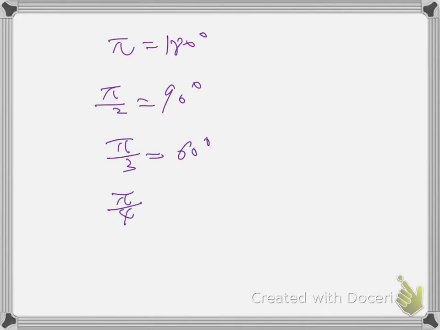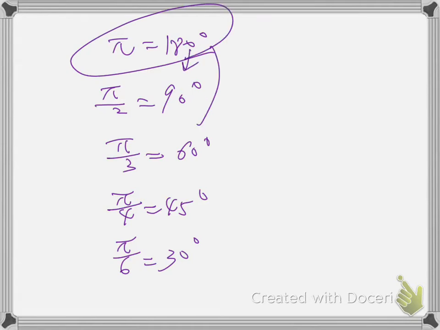Pi over 4 is 45. And pi over 6 is 30. You start from here and divide to get these angles. But because these two special angle triangles are very important, I suggest you just remember the relations between these angles.